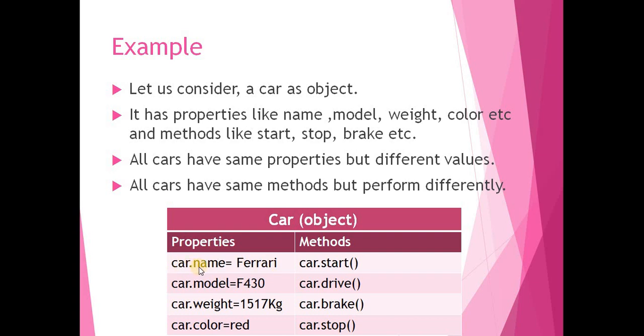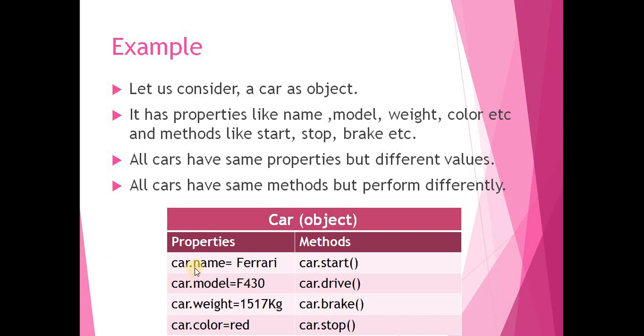So here we have car.name equal to Ferrari, car.model equal to F430, car.weight equal to 1517 kg, car.color is red. So all these values are for one particular car. If we take any other car, then the values are going to be different.